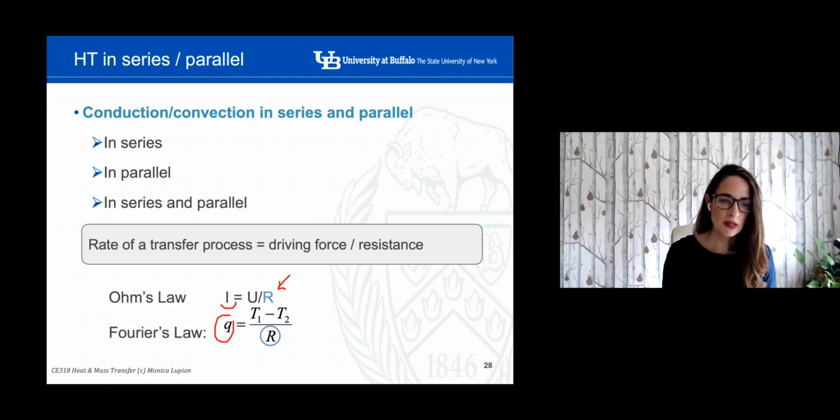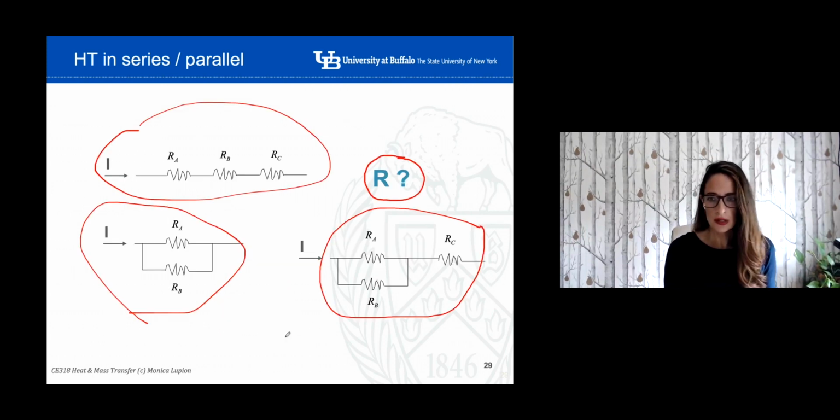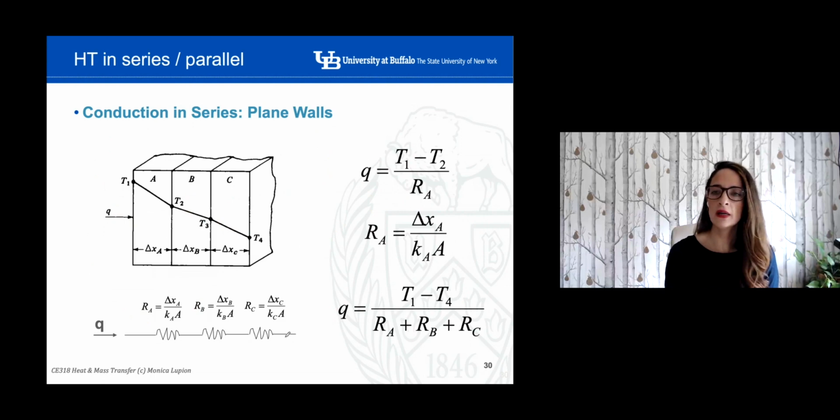Heat transfer will play the role of current, delta T will play the role of voltage, and the thermal resistance will play the role of the electrical resistance in a circuit. So first, what we need to do is to identify if we have a circuit in series or in parallel. And here, as you can see, we have three different elements, one after another, like this.